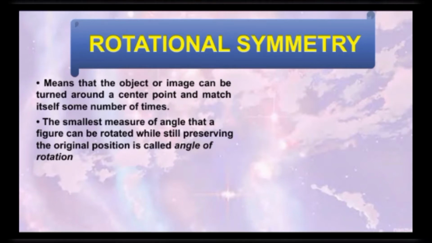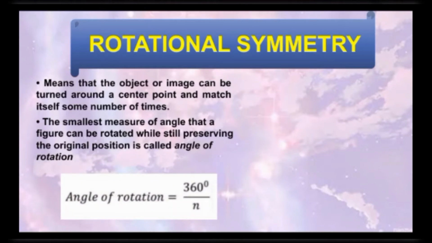The smallest measure of angle that a figure can rotate while still preserving the original position is called the angle of rotation. To compute the angle of rotation, we have the formula 360 degrees divided by n, where n is the order of symmetry.